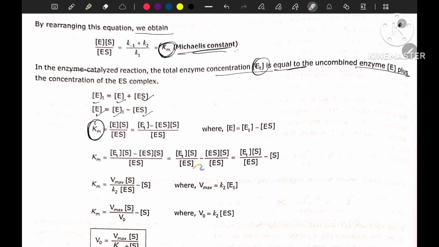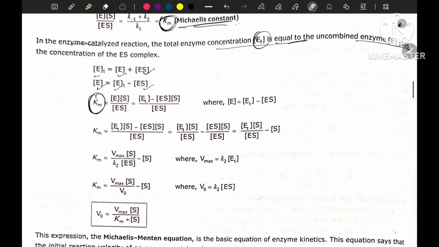So now we are taking it apart. So this minus this is what we are getting, and we will reduce them, eliminate them. So we are left with substrate here. So Km is equal to Vmax times substrate upon K2 [ES] minus substrate.